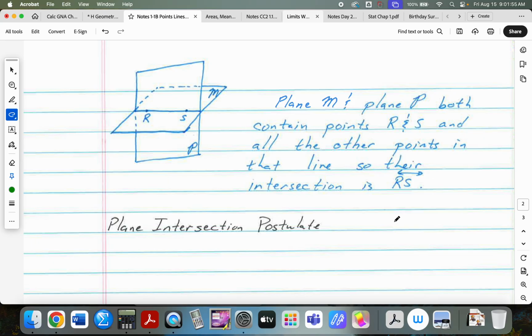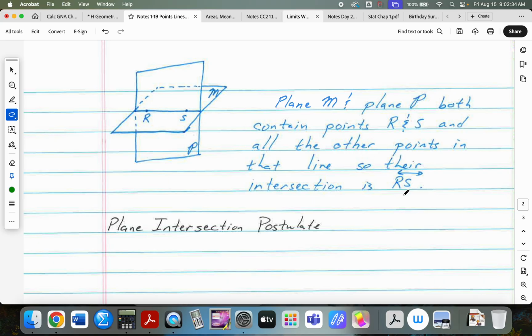This is what that diagram is meant to look like. And notice in this diagram, planes M and P both contain points R and S, right? R is part of plane M, but it's also part of plane P. And S is part of plane M, but it's also part of plane P. And I could put a whole bunch of other points in here, right? All of those belong to both.